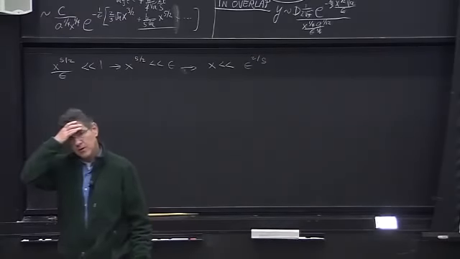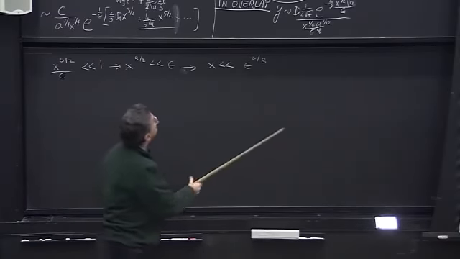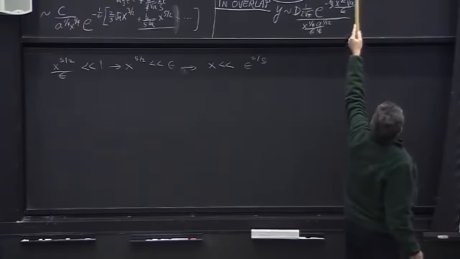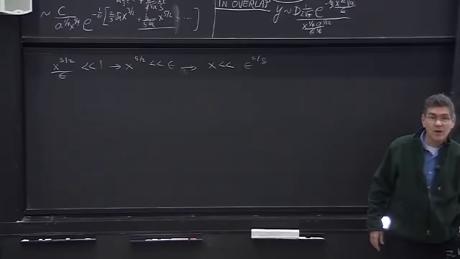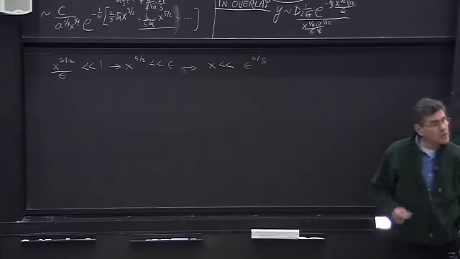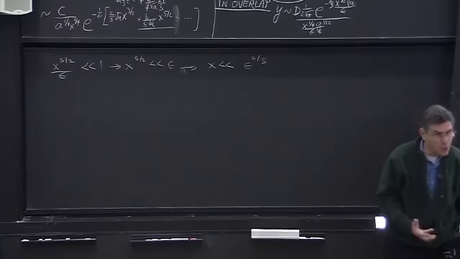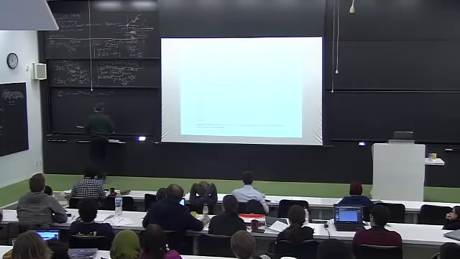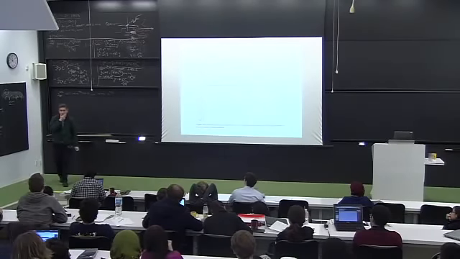Whoa, wait a minute. We just said that in the overlap region, x has to be large compared with epsilon to the 2/3. Can we be large compared with epsilon to the 2/3, but small compared with epsilon to the 2/5? Is that possible?